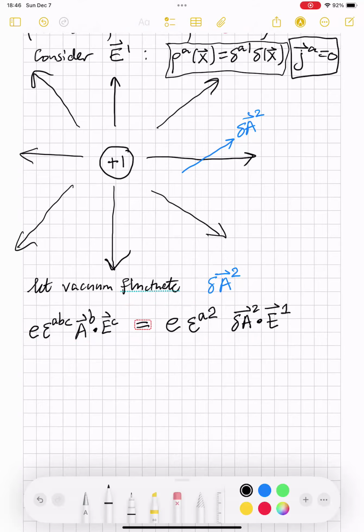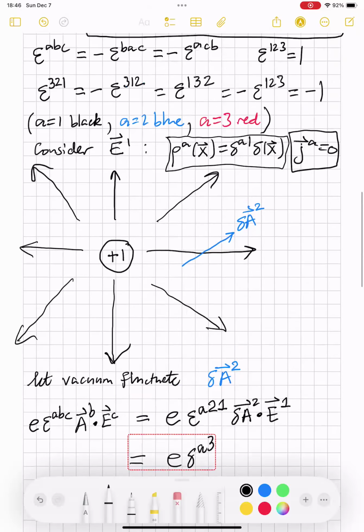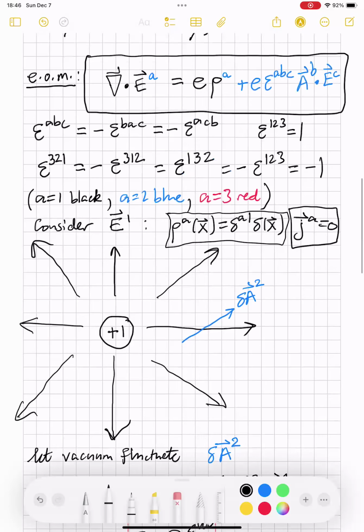I've just plugged in the non-zero gauge potentials and the non-zero electric field. Now, the epsilon tensor vanishes if any two indices are equal. So I'm going to get a delta A3. A has to be 3 to get a non-zero answer. If A is 3, we've got epsilon 3, 2, 1. We just evaluated epsilon 3, 2, 1 and found it was minus 1, so we'll get a negative sitting over here.